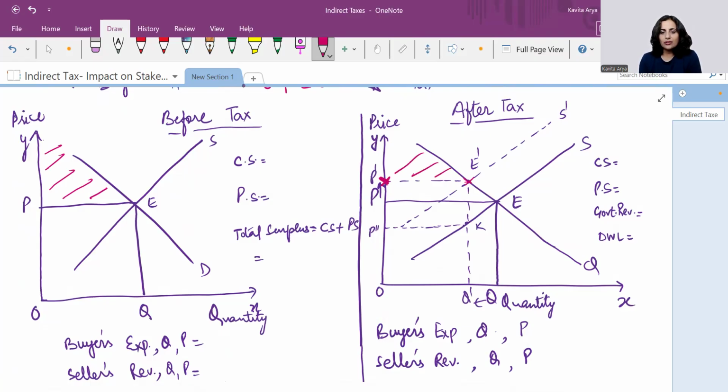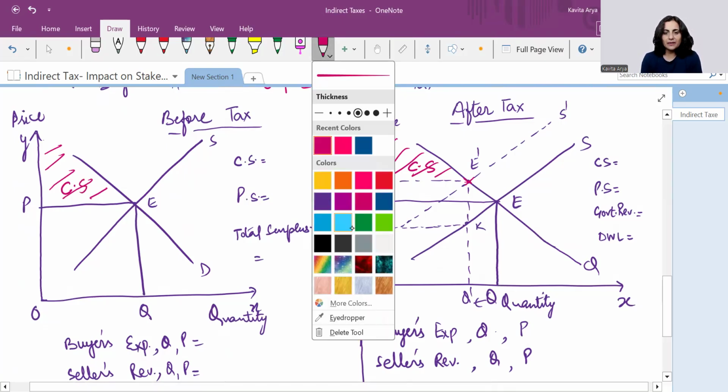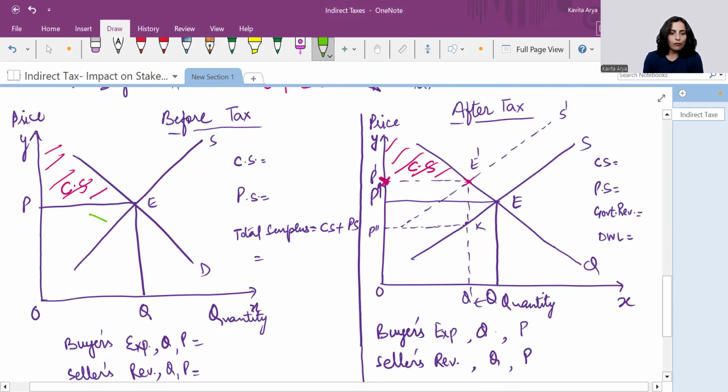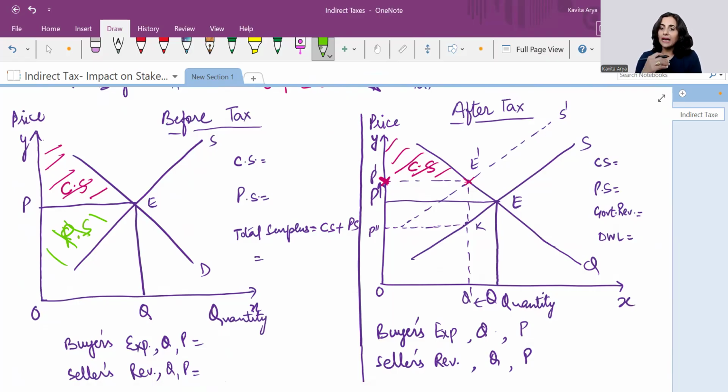So consumer surplus after tax is this much, and here before tax is this much. Right. So if we talk about producer surplus, producer surplus before was this, or this is PS, the gap between the price line and the supply.